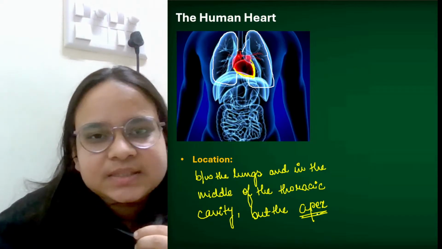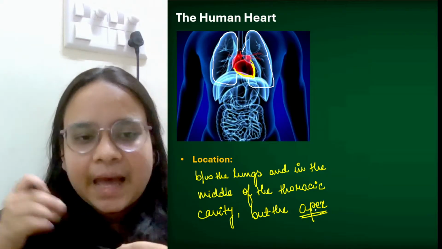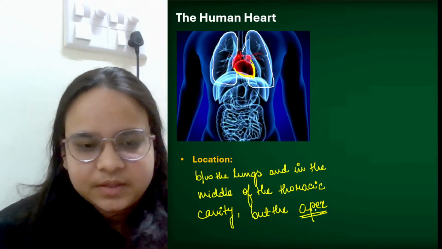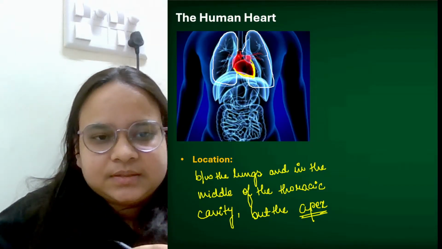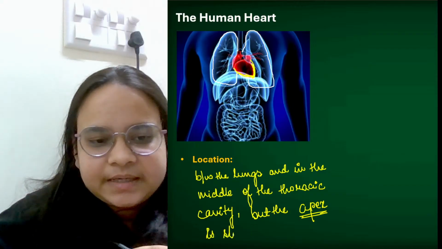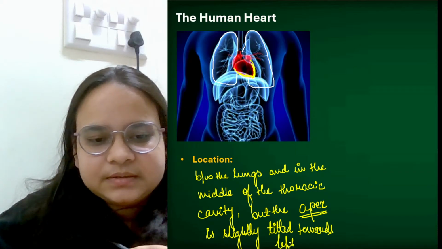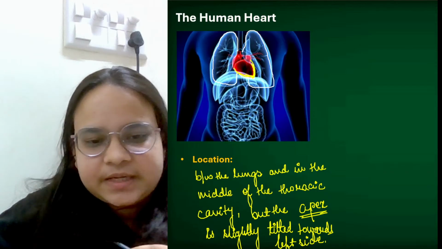So apex is nothing but the tip part. The tip region is called the apex of anything. This is the tip of the heart, but the apex is slightly tilted towards the left side.